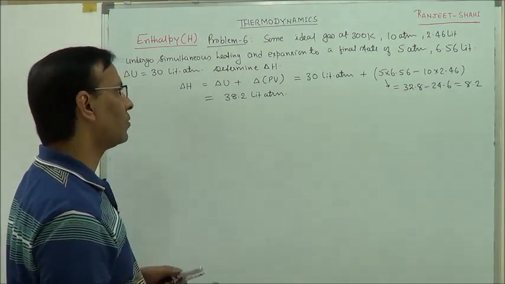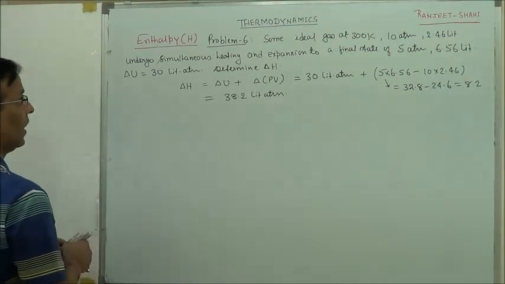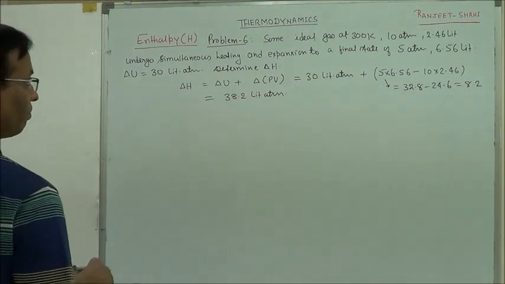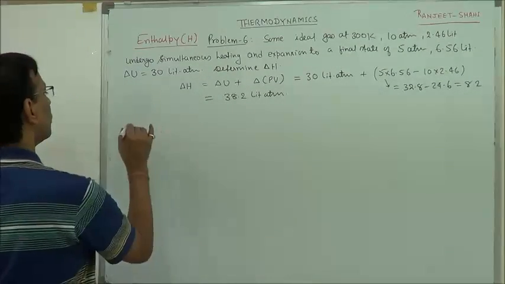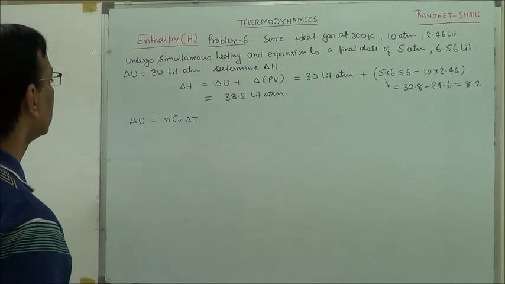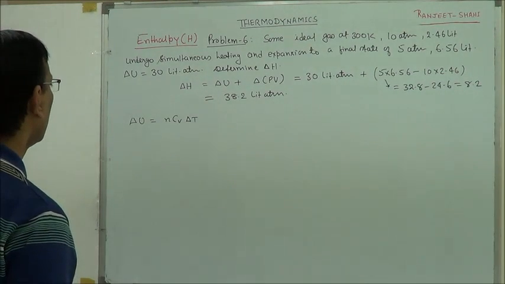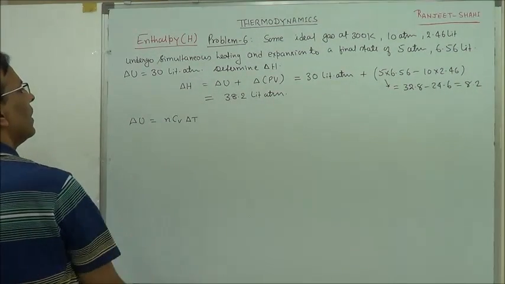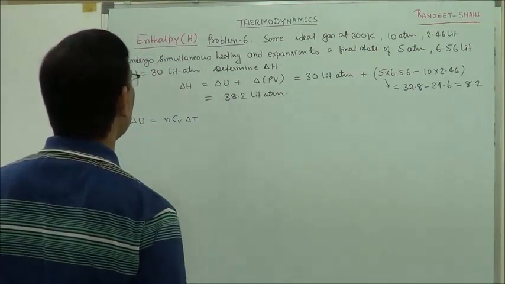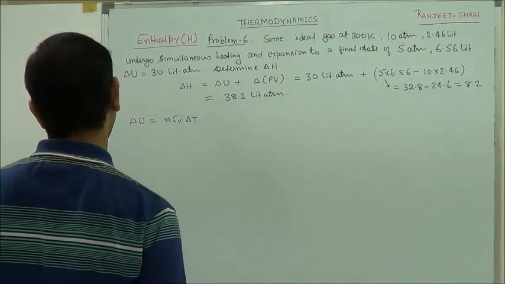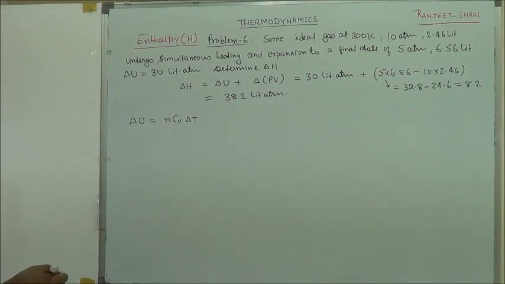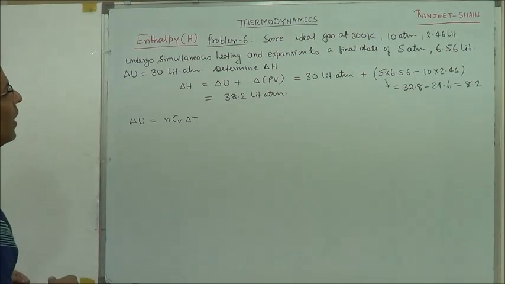There is another approach which can also be used. Delta U is given, and we know that delta U is nCv delta T. If we substitute it here, Cv is not known, so Cv can be determined, but for that we'll have to do a lot of calculation.